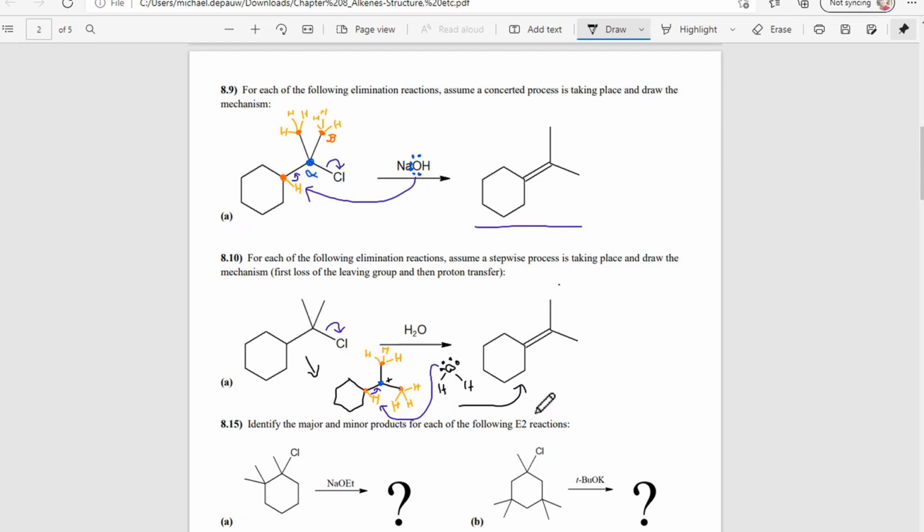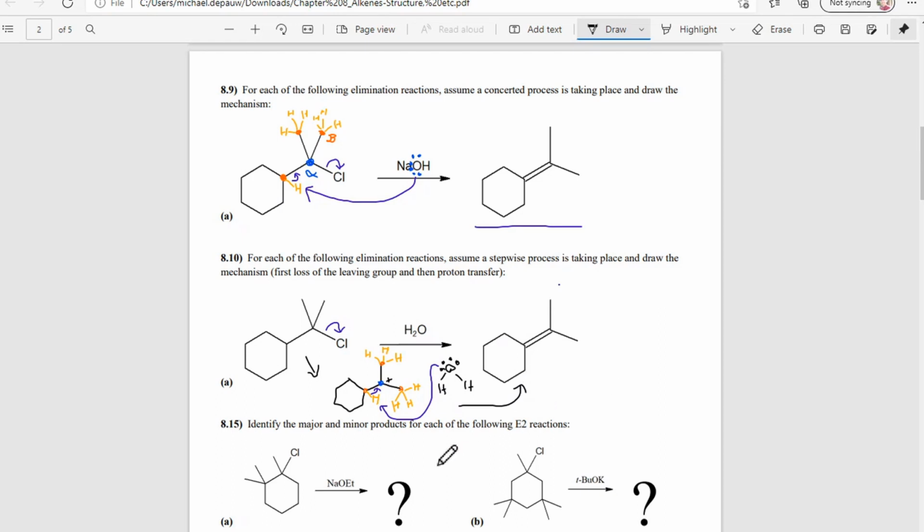However, to make this elimination happen, you would add heat to it. Additional heat makes the collisions more violent, and it makes it easier to strip off one of those hydrogens, and a little bit more difficult in some ways to get to the carbocation. It also makes the reaction more reversible as well.